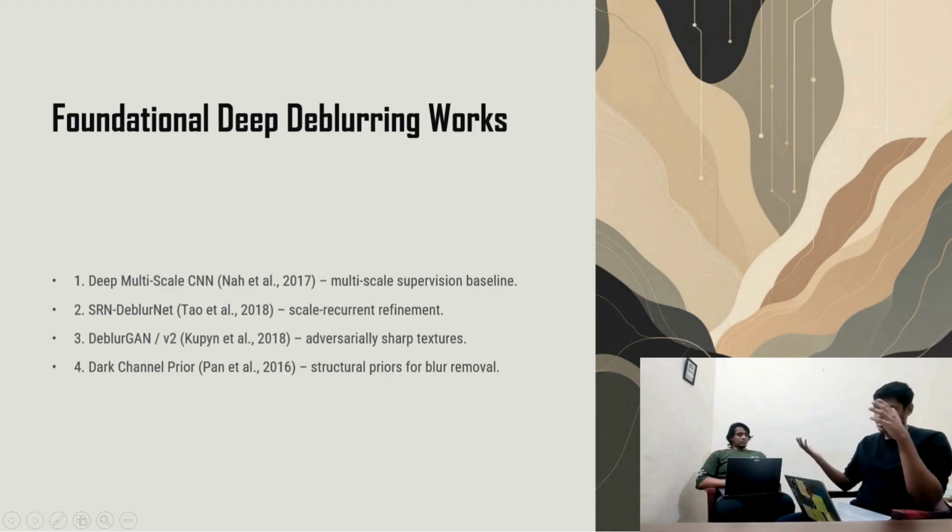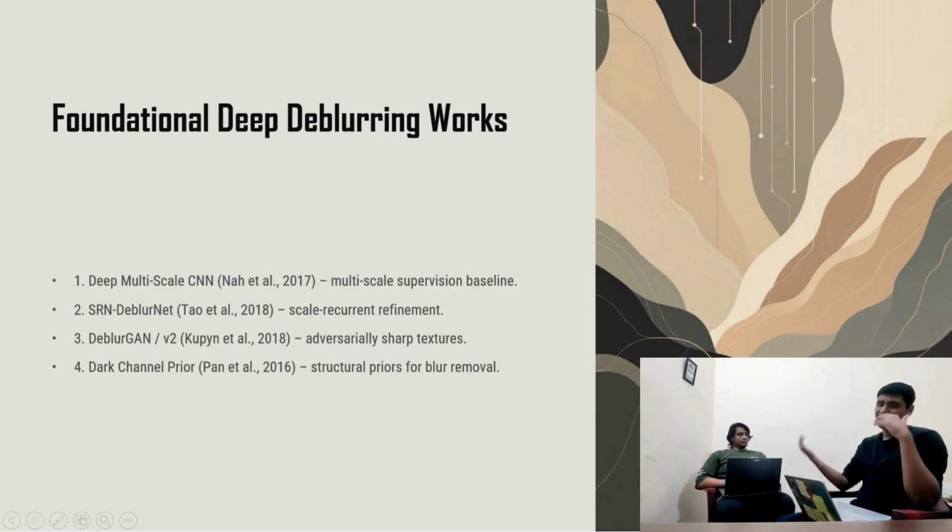Now, the second work is on scale-recurrent networks, by Tao et al. in 2018. These researchers took the multi-step idea and made it smarter. Instead of building a huge network for every scale, they reused the same network again and again, which was a great development from the previous work.